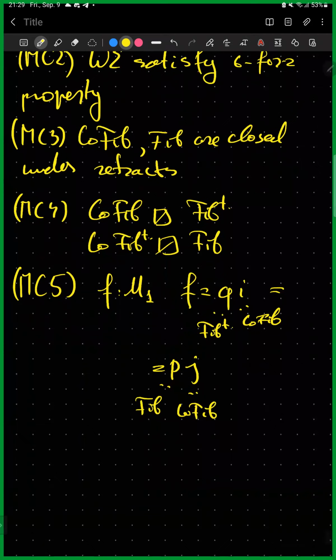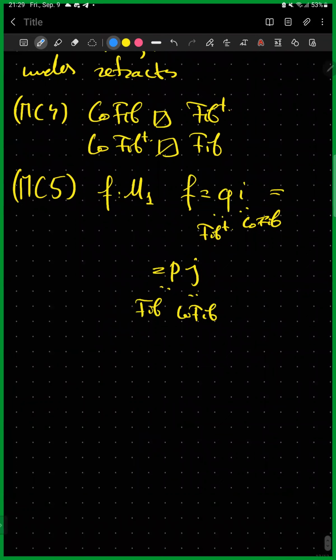Now, we have the following proposition. Any model category with a subcategory of weak equivalences is a homotopical category.